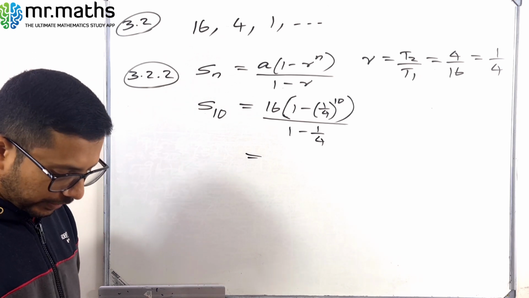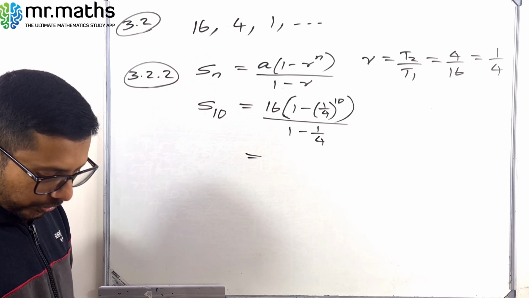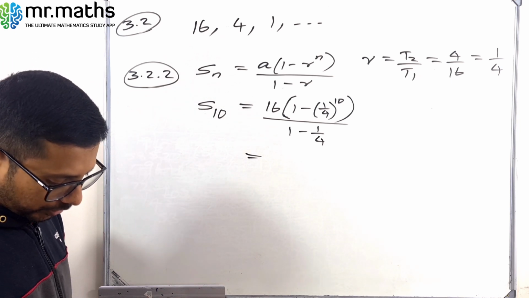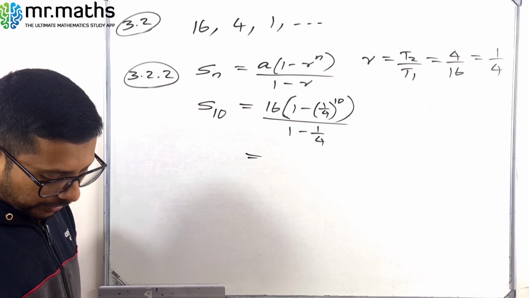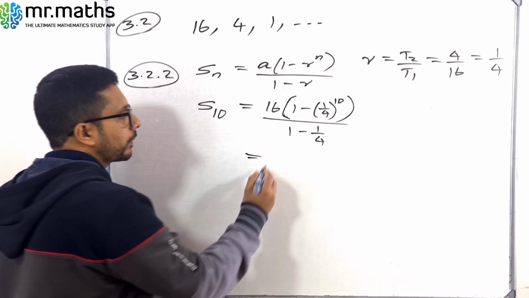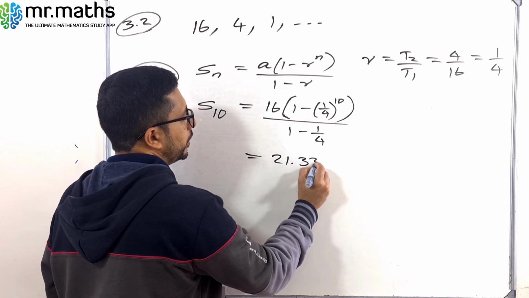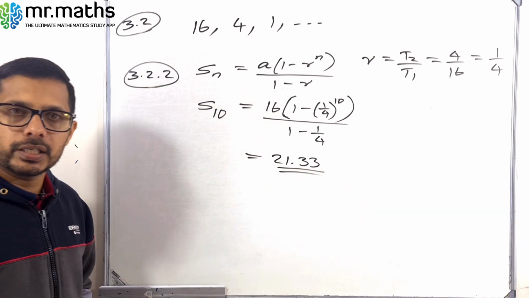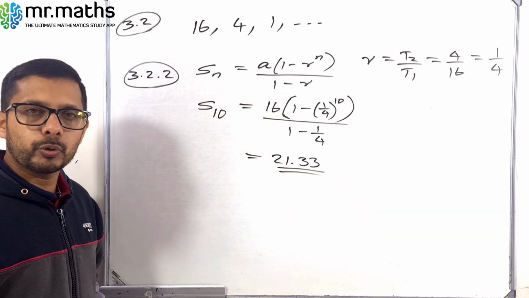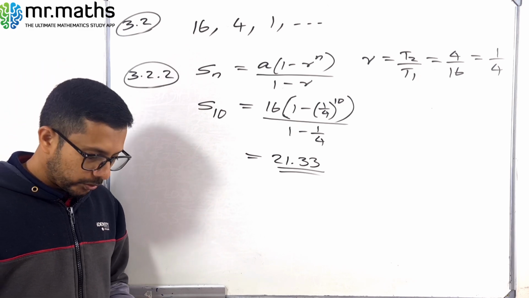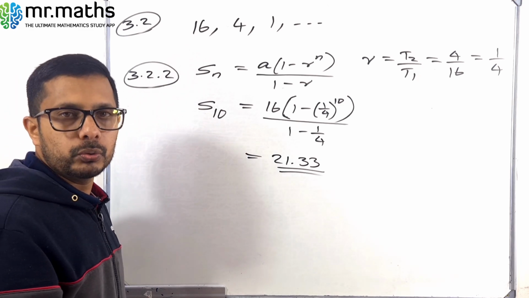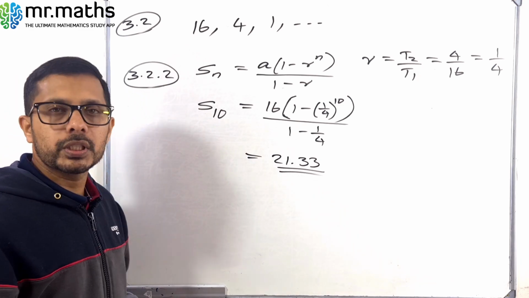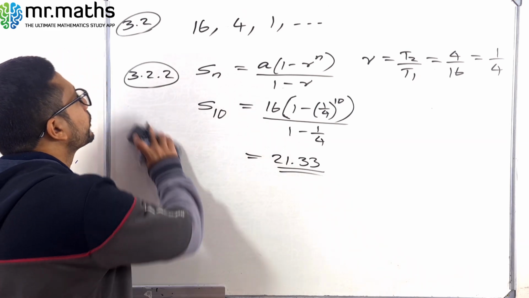You will directly get the answer. In your calculator, I hope you will get 21.33. So it means that the sum of the first 10 terms is 21.33. Okay, so that is question number 3.2.2. Now let's move to the next question, 3.3.